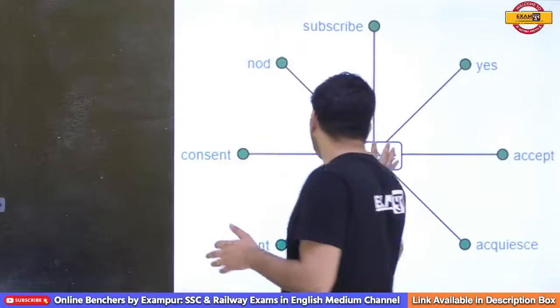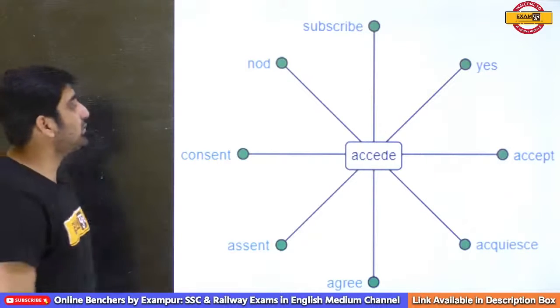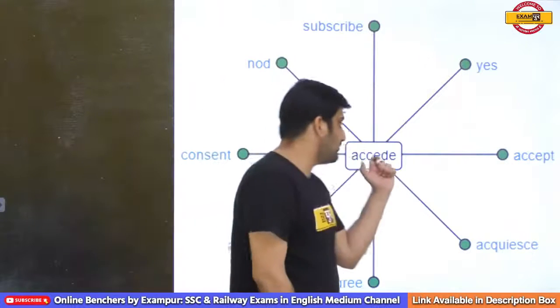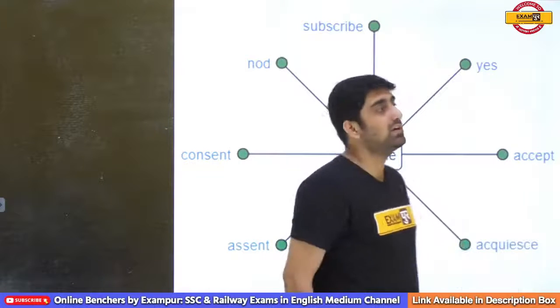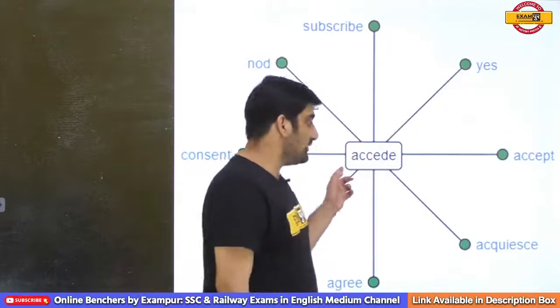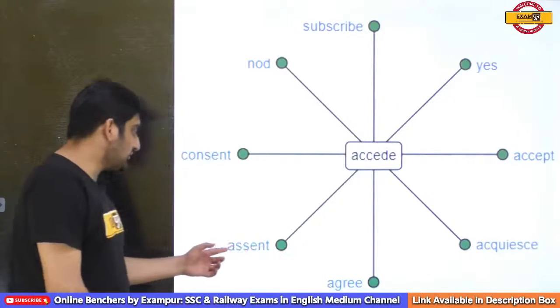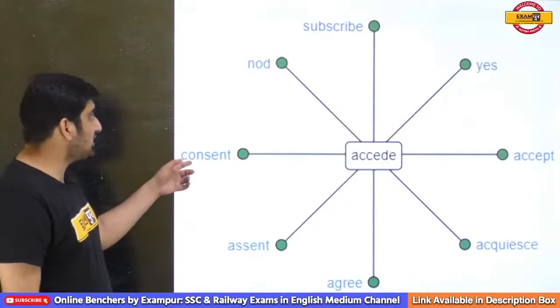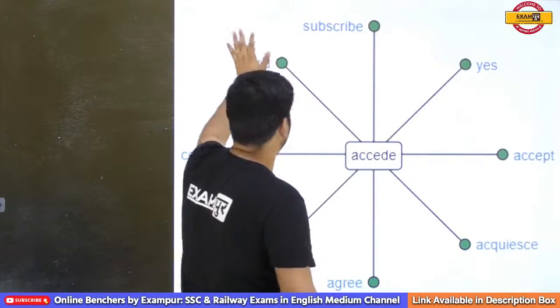When you agree to something or agree to do something, that is the theme, and the word here is accede. Accede is the word we are now discussing. What do you mean by accede? Accede means accept. If you accept something, you accede to that. It means acquiesce, agree, assent, consent, say yes, or nod.